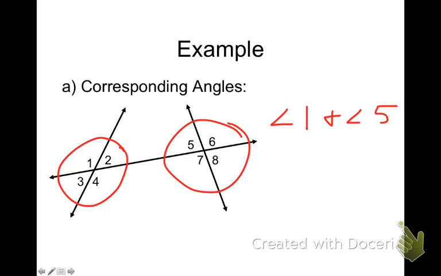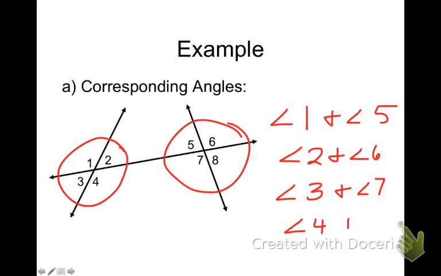Use whatever and sign you want. What would be corresponding with 2? 2 and 6. Good. What would be corresponding with 3? 7. And then 4 and 8 would be all of your corresponding angles.